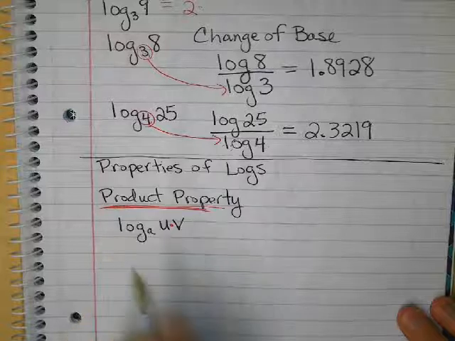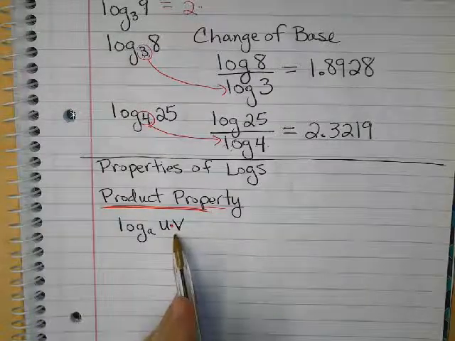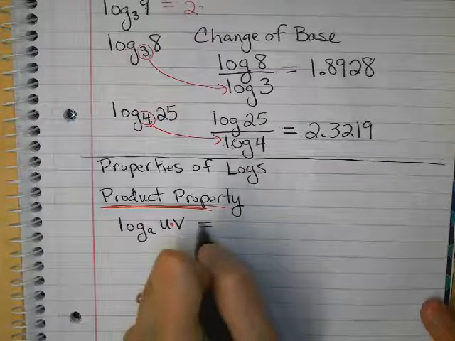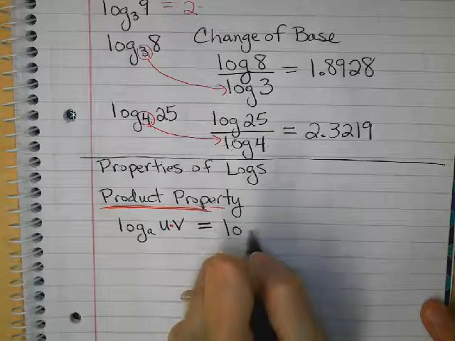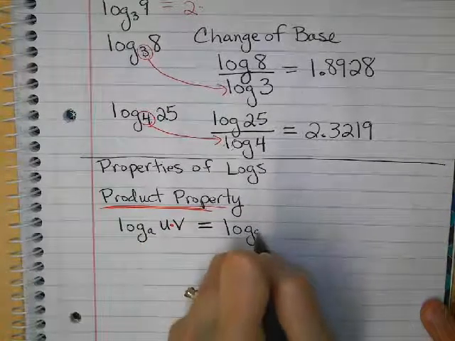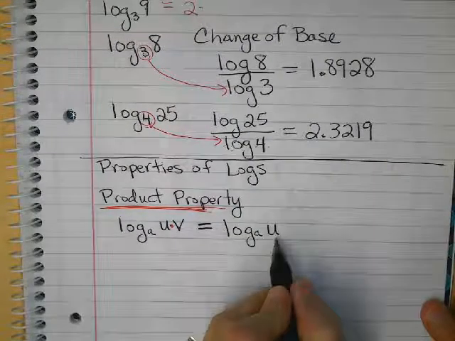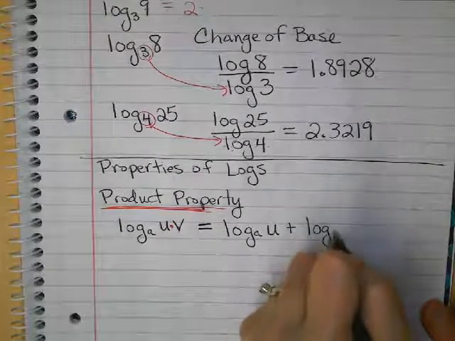It's called a product property because what I have here, uv, is u times v. What the product property does is you can break this apart, expand this into log base a of u plus log base a of v.